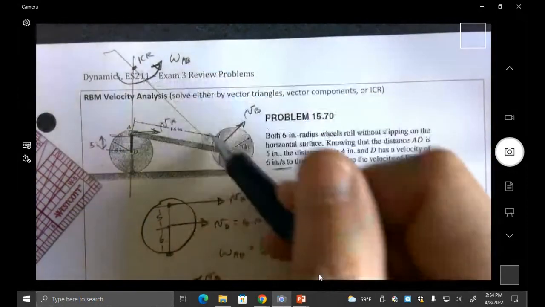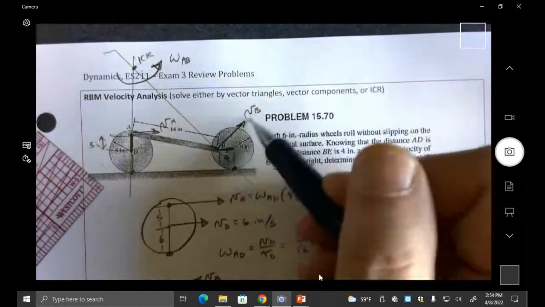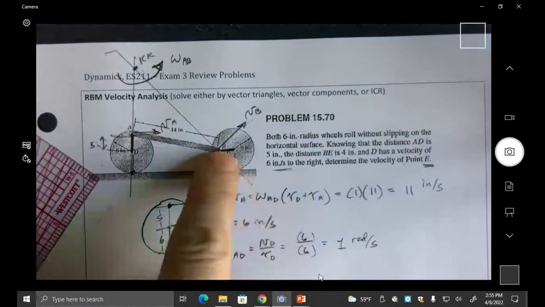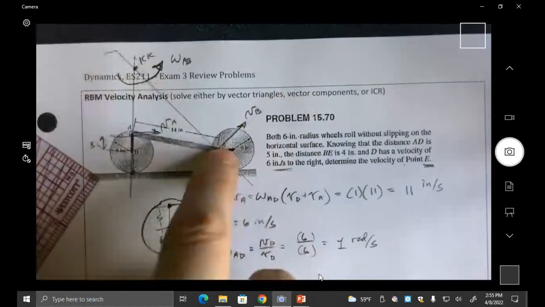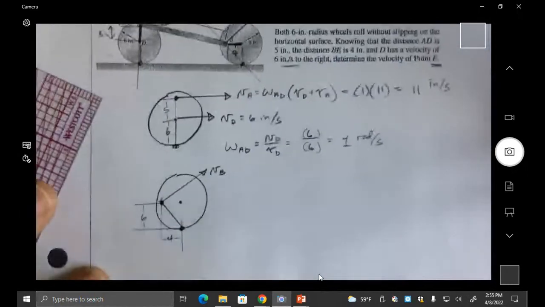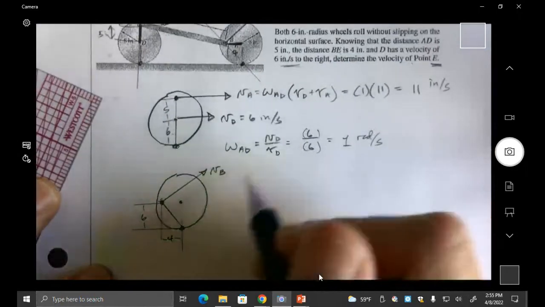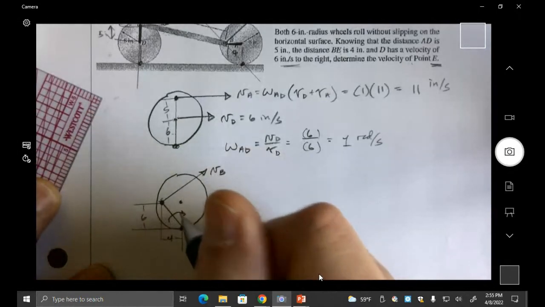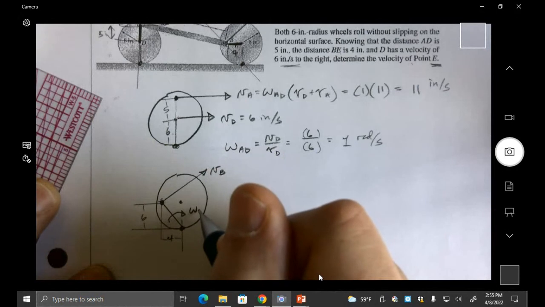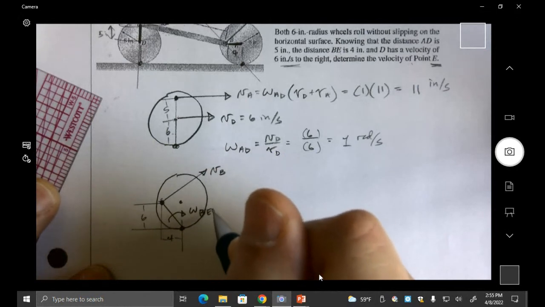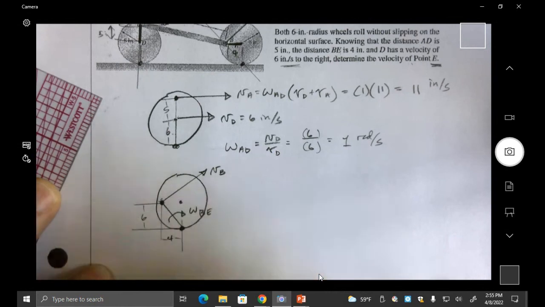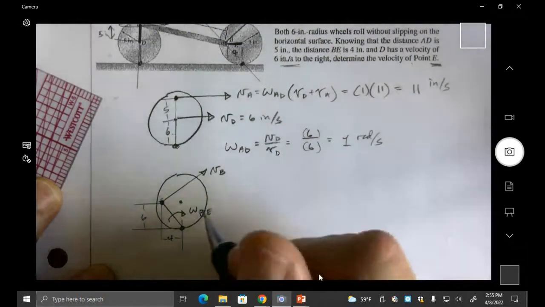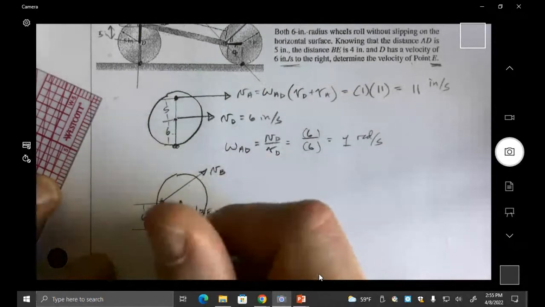And then we can also see from that, yeah, I agree, velocity of B has to be going with respect to this right here. So we also can tell from this that omega BE was traveling clockwise from this.